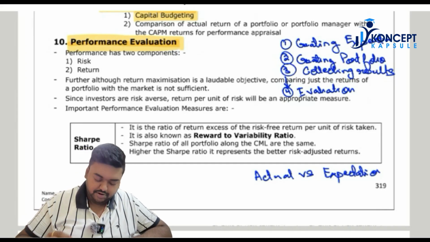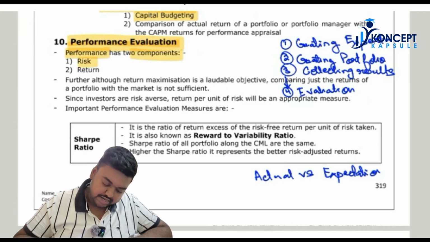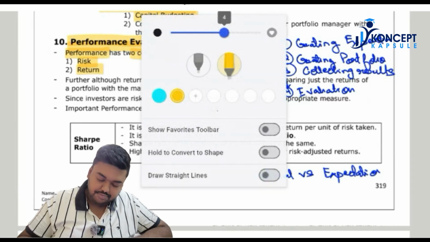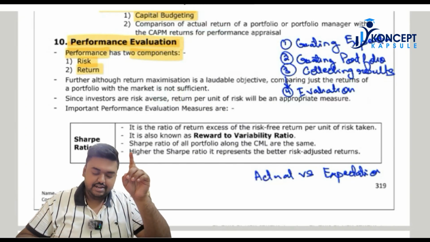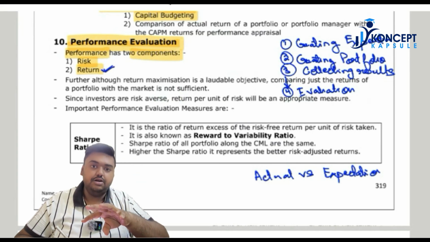So the topic name is performance evaluation. See, the first thing that we are told is performance has two components, risk and return. Yes, and this is very important for us to understand. Whenever we are talking about performance, we always remember return, but we often forget risk.